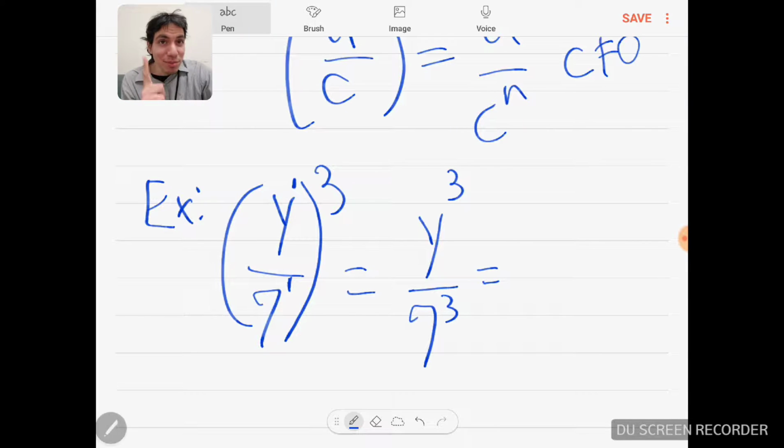But remember, you have to simplify. This you can actually work out. 7 to the third is, I believe, 243 as well. Actually, no, I'm wrong. See, good thing I remembered. It's not 243, I believe it is 343. You know what?